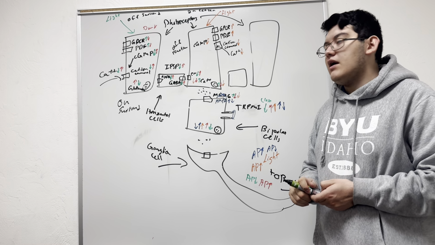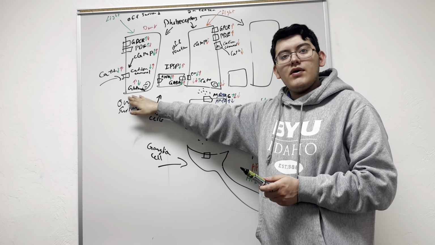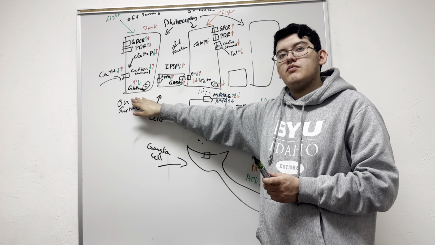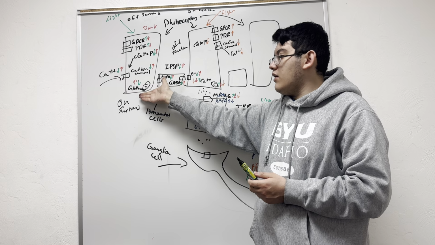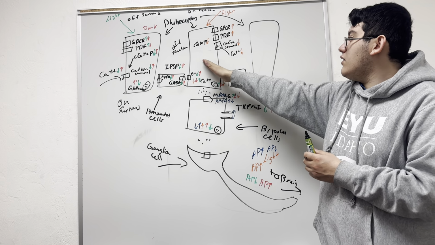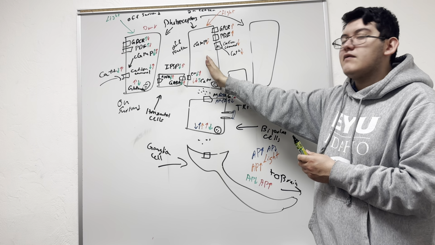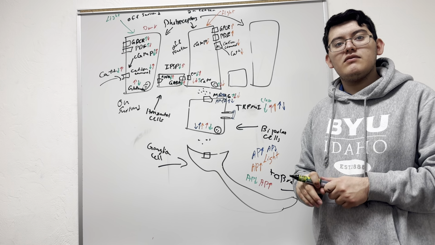And if light hits an on surround, there will be action potential. But if there's darkness in the on surround, there will be no action potential. And the same for the off center: if light hits the off center, there will be no action potential being created.